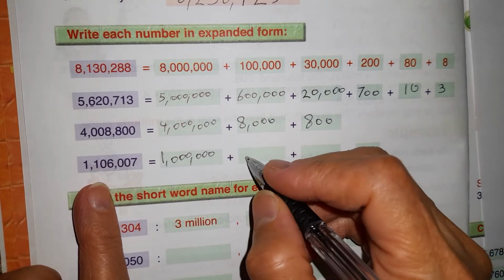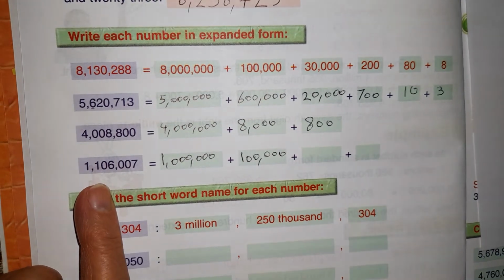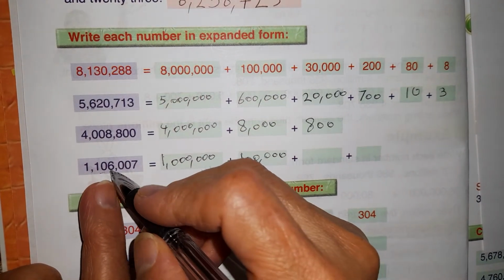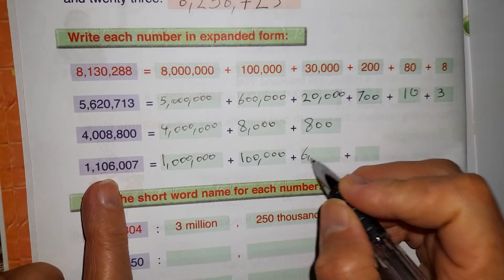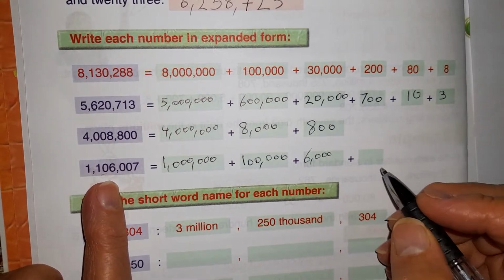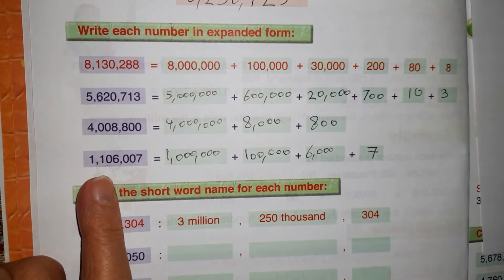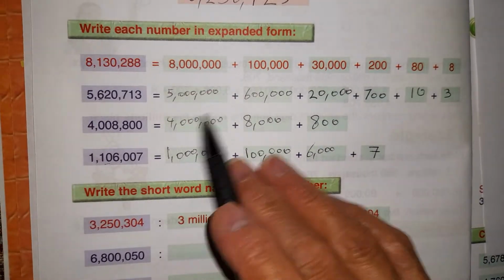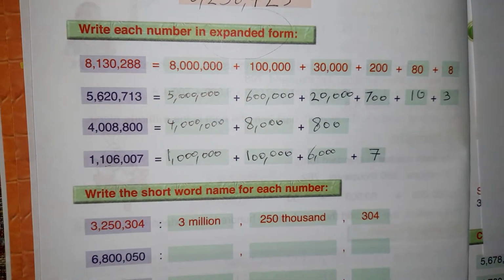Okay, 100,000. I will skip this 0. The 6 will be where? In the thousand. And 7 in the ones. You skip the zeros. Okay, if I write the number in this way, it is expanded form.